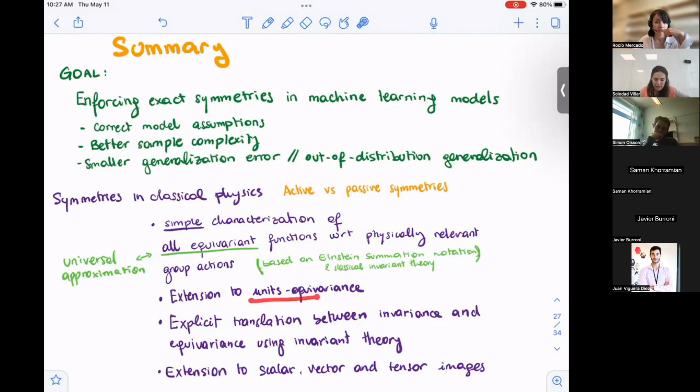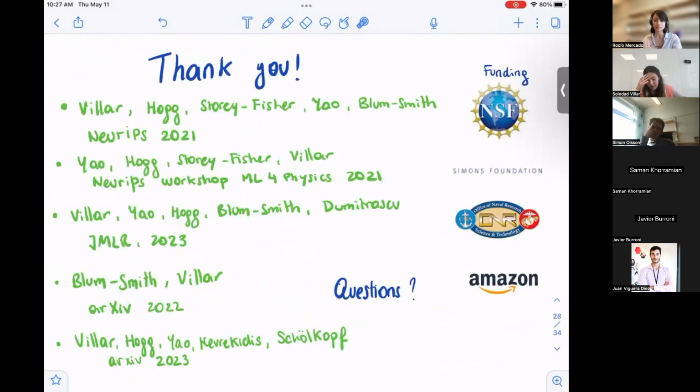How can we extend these ideas to unit equivariance? How can we find an explicit translation between invariance and equivariance using invariant theory? And how can we extend these ideas to scalar, vector, and tensor images? These are my references, and that's it.